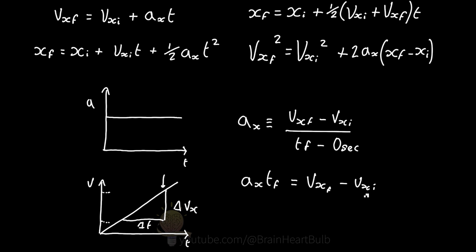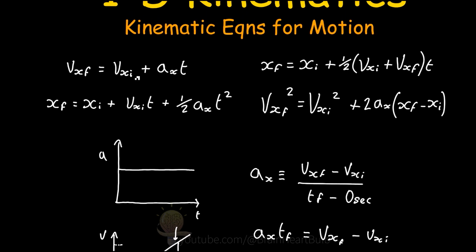If we add the initial velocity to both sides, we get v_xi plus a_x t_f is equal to the final velocity. This is the first equation in our list up here.